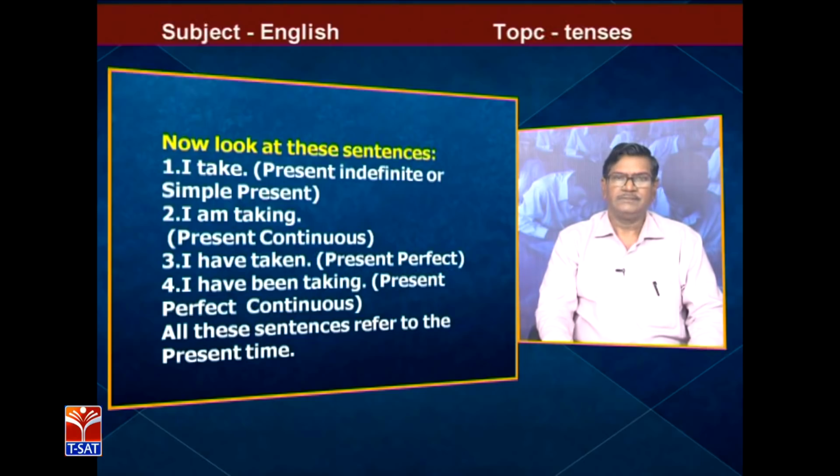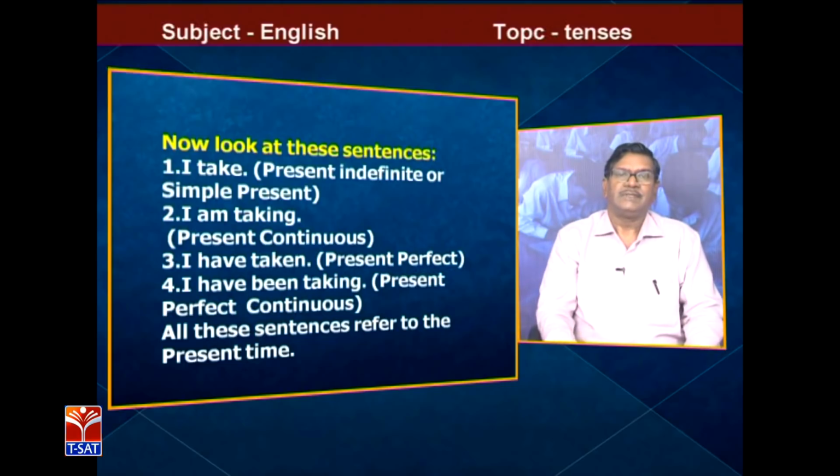I am taking, now it is lunch time, I am taking lunch. Now, it is present continuous. I have taken lunch just now, I have finished it. Present perfect. I have been taking lunch for the past half an hour or 20 minutes, like that. It is present perfect continuous.